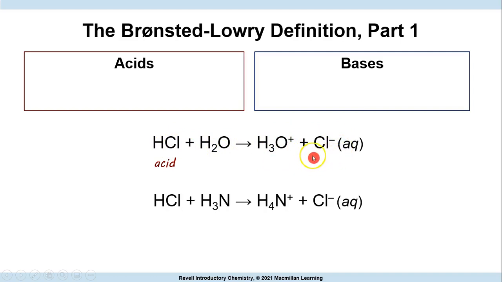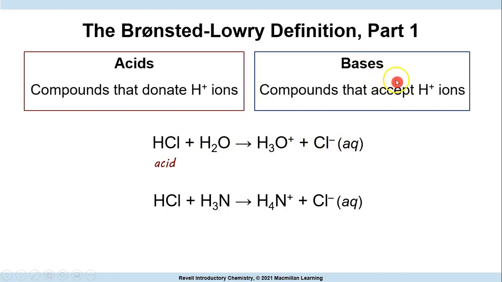Now, for the base, Bronsted-Lowry define a base as a compound that accepts hydrogen ions. So the water here is a base because it accepts the hydrogen ion to form the hydronium ion.